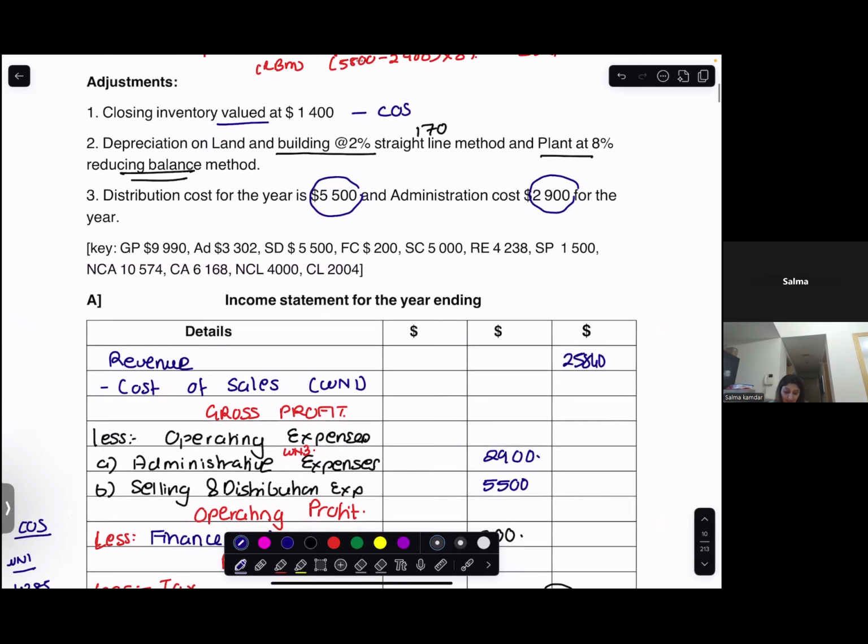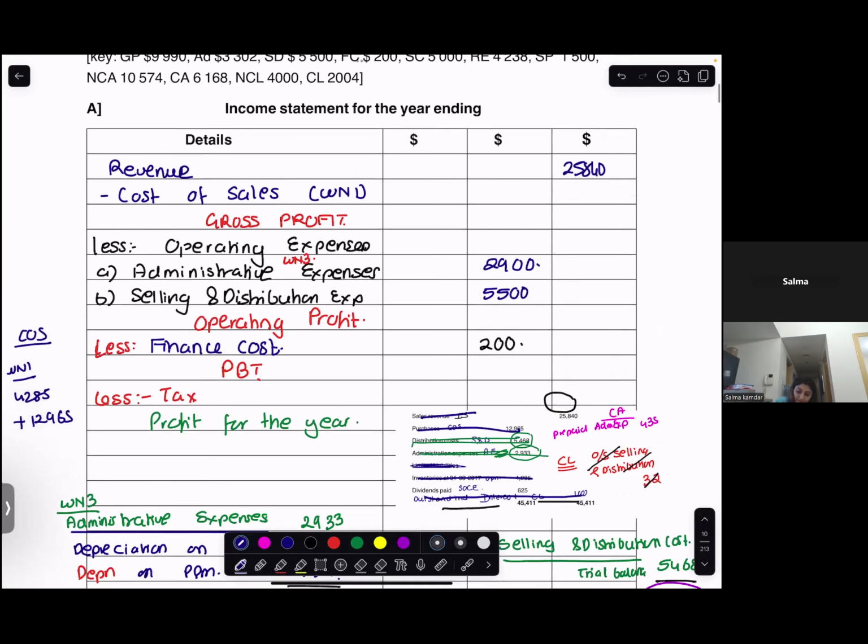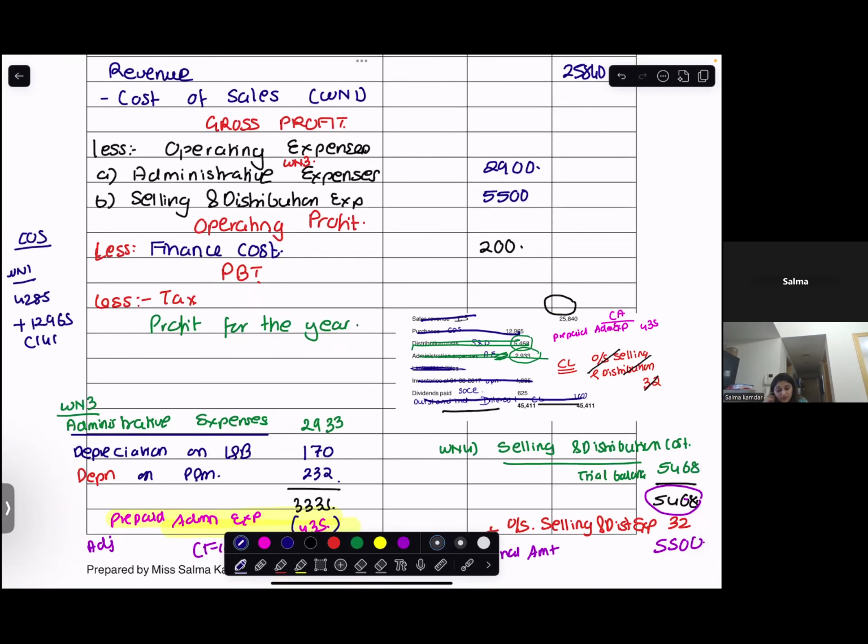Closing inventory is 1400. Can you give me the cost of sales? 15850.